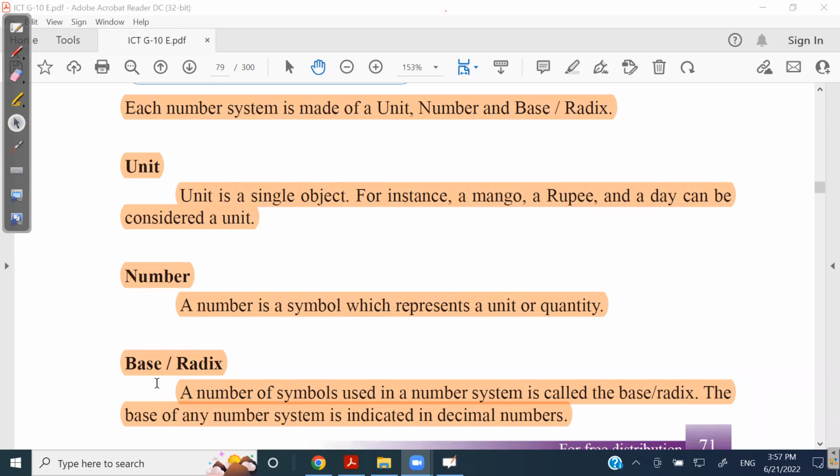All right, one is done. How about others? Sir, I'm in the last one, base and radix. Okay, Rizwan.